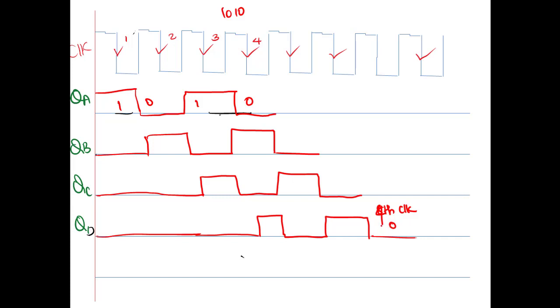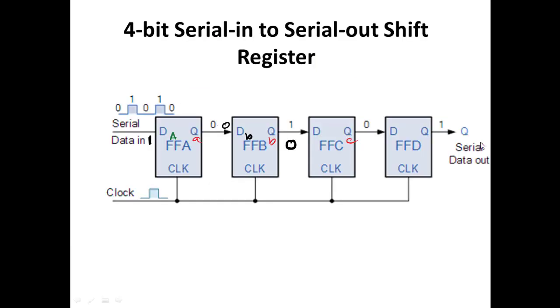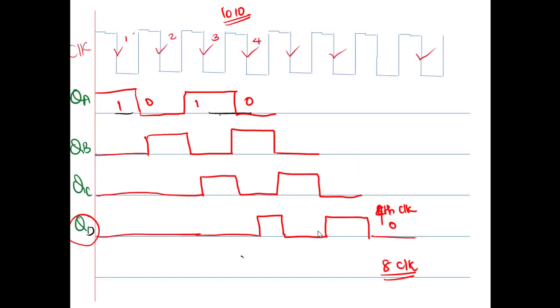If your entire 1010 has to appear, you need to wait for another 3 more clock pulses. So entirely you need 8 clock pulses to get the entire data out from your QD, namely 1010. QD is nothing but the output of your fourth flip flop. We need totally 8 clock pulses. That is your serial input serial output shift register, 4-bit.